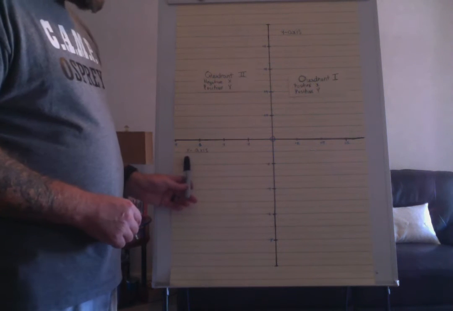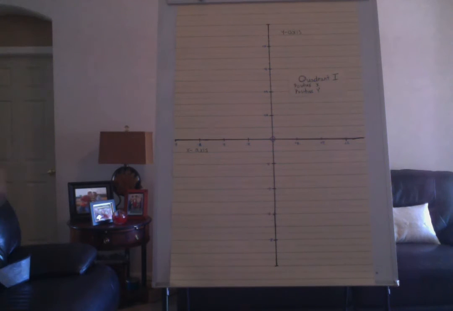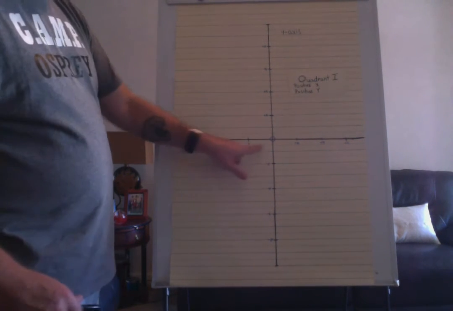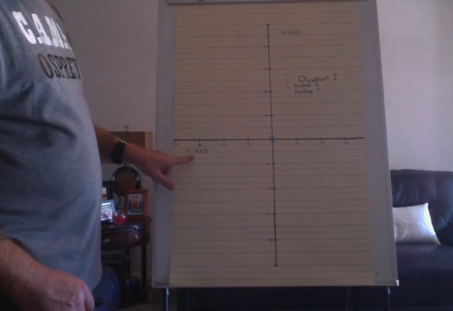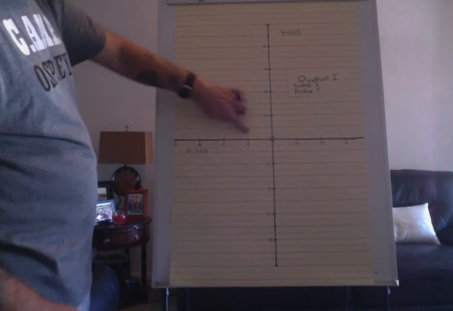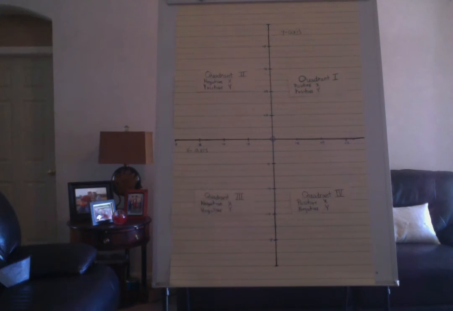So x is negative and y is negative. This is the second quadrant, where now x is negative, but y is still positive. So for any number in here, x will be negative and y will be positive.